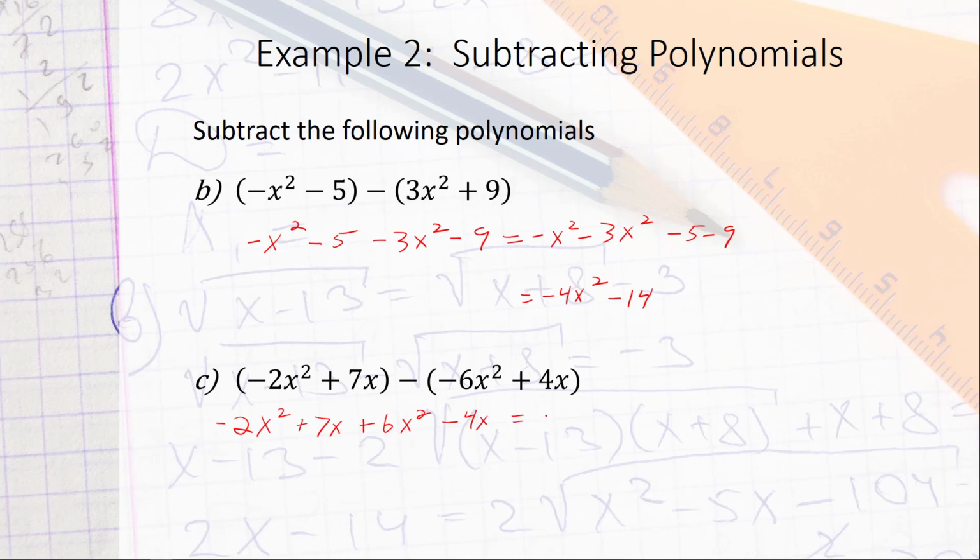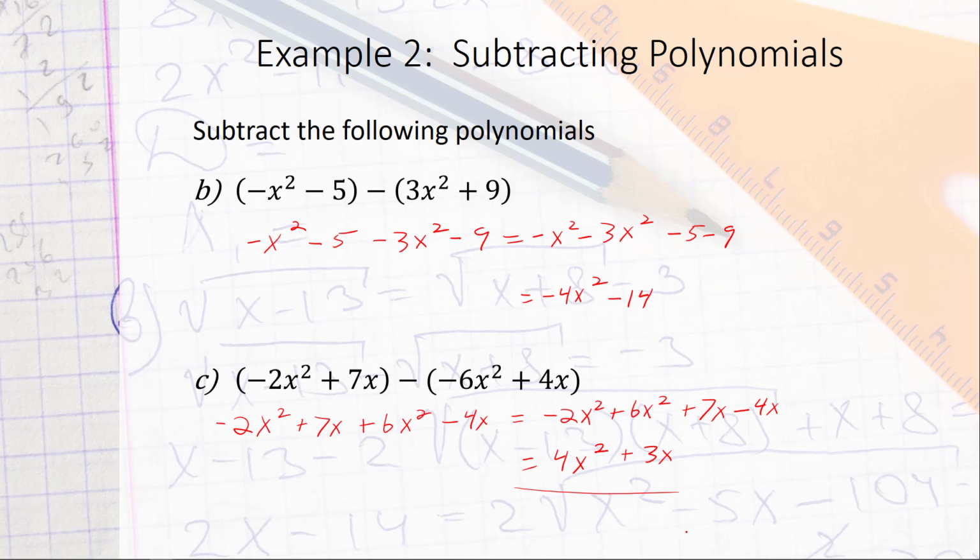Grouping the like terms, you're going to have negative 2x squared plus 6x squared, and then plus 7x minus 4x. Okay, now we can combine our like terms. Negative 2x squared plus 6x squared is 4x squared. 7x minus 4x is 3x. And there you go. That's how that one is done.